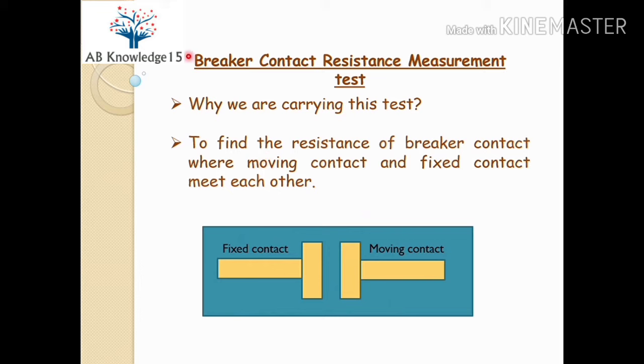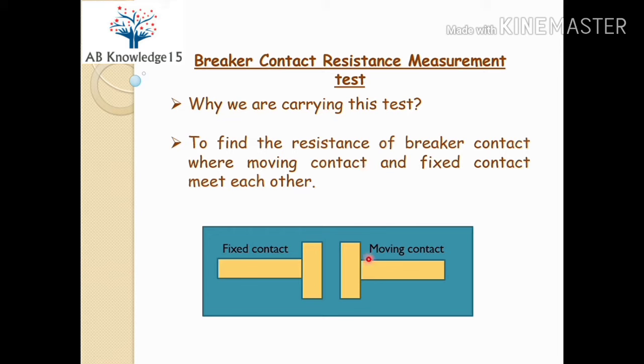Now the second test, the breaker contact resistance measurement test. In this test, first we will discuss why we are carrying out this test. It is to find the resistance of the breaker contact where the moving contact and the fixed contact meet each other.